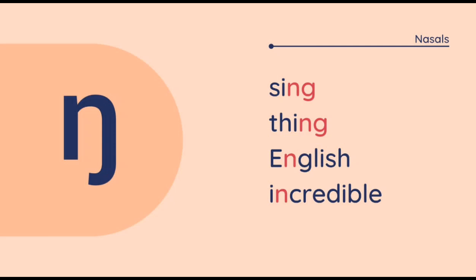Then we also have a nasal sound. It is a voiced velar nasal, because the pronunciation usually takes place somewhere around the velum. Okay, so it is called a voiced velar nasal sound, and that is why whenever we want to pronounce it, the velum is lowered to pronounce the sound.